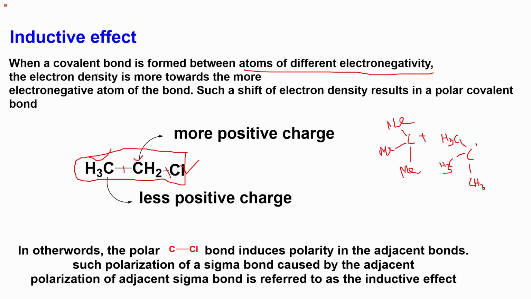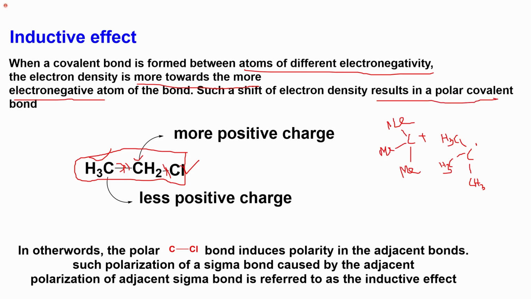Now, when a covalent bond is formed between atoms of different electronegativity, the electron density is more towards the more electronegative atom. Here, chlorine is the more electronegative atom, so obviously the electron density will go in this direction, towards the chlorine atom. Now such a shift of electron density results in a polar covalent bond.